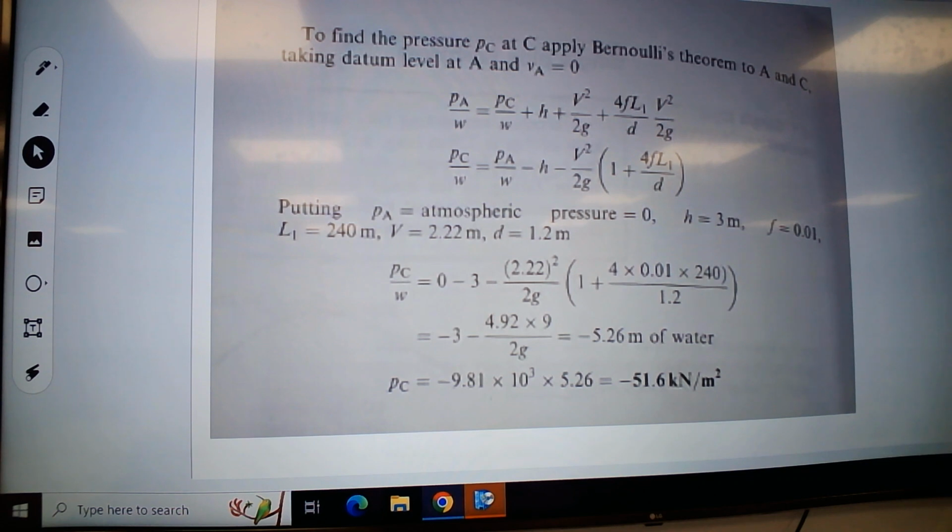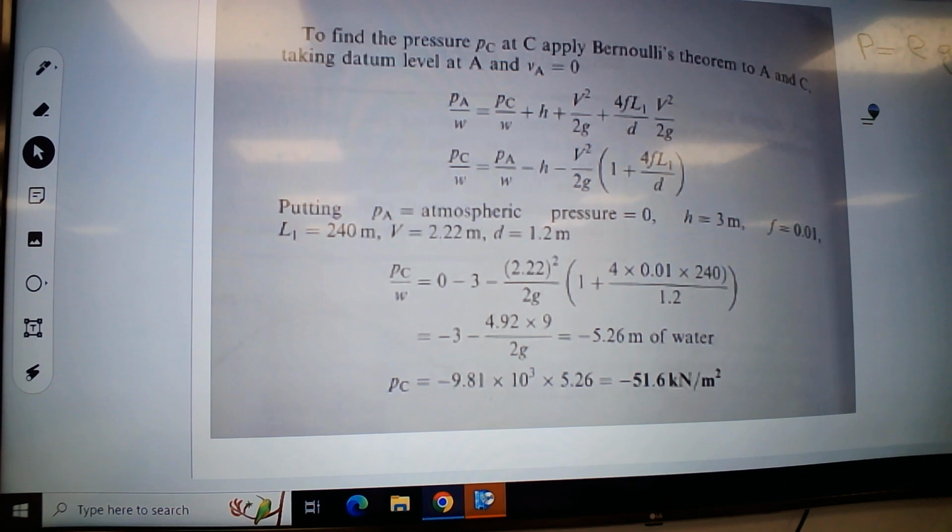of water. Now the pressure exerted by 5.26 meters of water: we have another formula, the pressure is rho g h.